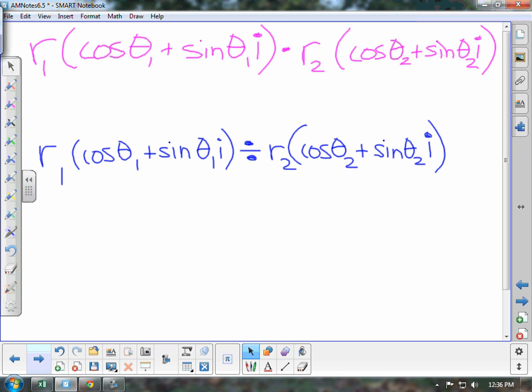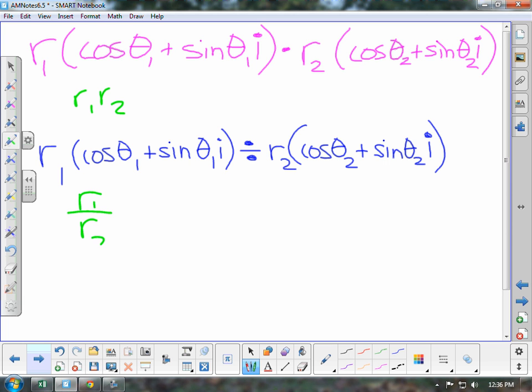So then for division, applying your knowledge and skills about math, if you're going to divide, the theorem for that we had written, there's r1, r2. So then here when we're dividing, it would be r1 divided by r2.